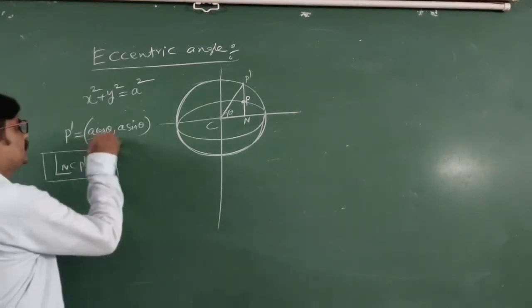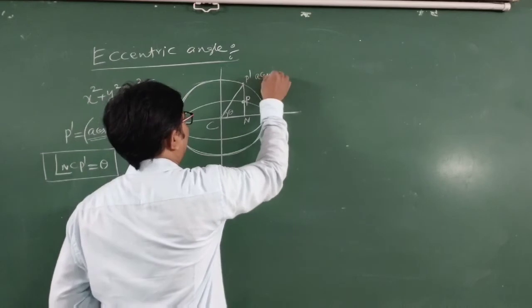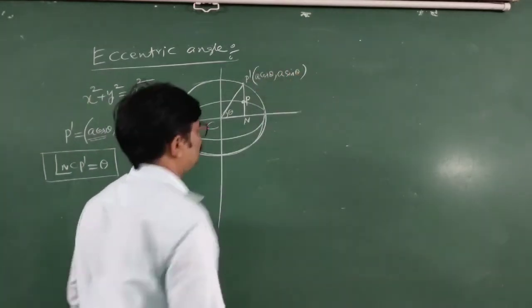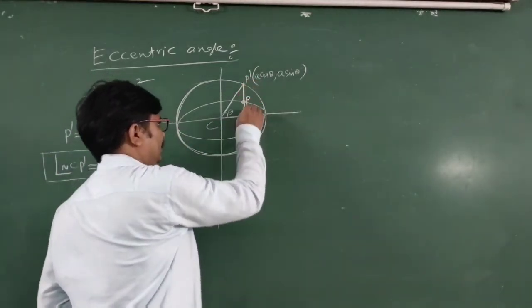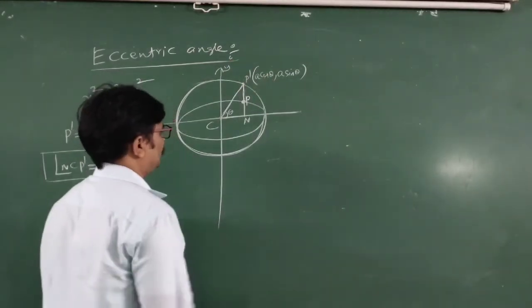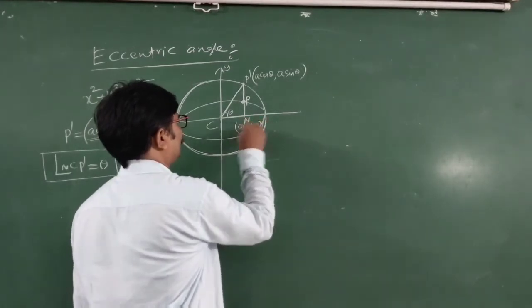So we have to know that this is the parametric point of the circle, a cos theta comma a sin theta. Dear students, this is a vertical line which is parallel to the y-axis. Now the x-coordinates are equal. This is a cos theta comma 0.